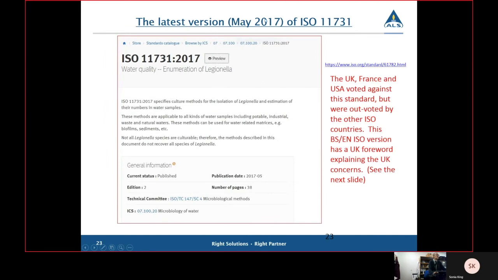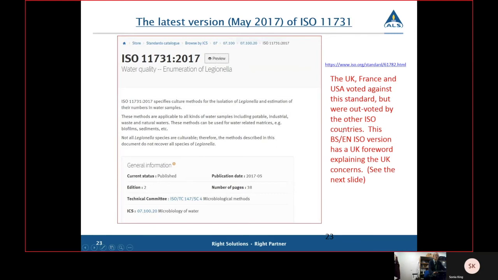Now, going back to the problems with the latest version of the ISO 11731, this is an ISO standard, and it has to go for a vote for all the countries. Now the UK, France and USA, if you take the total population of the UK, France and USA, it's about 500 million people, voted against this standard, but they were outvoted by the other ISO countries.